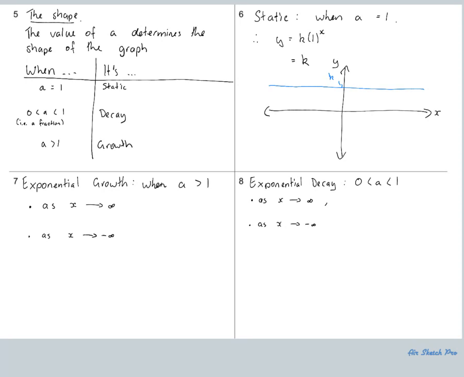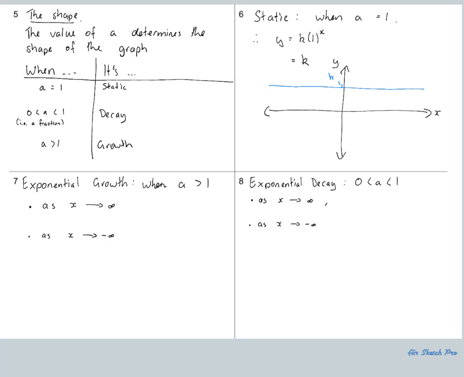We know the basic shape of the exponential graph, but again, this is where we start considering what happens for negative values of x as well as positive ones. So when you see x approaches infinity, that simply means what happens as x gets really large. Infinity is a concept, not a specific number. And when you see x approaches negative infinity, it simply means what happens as x gets really large, but in a negative direction.